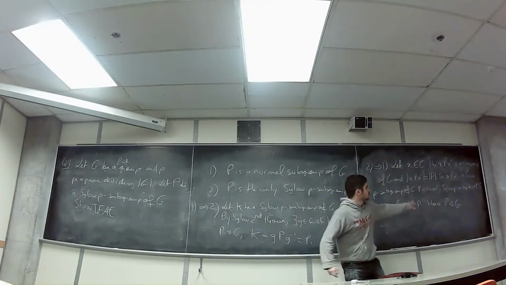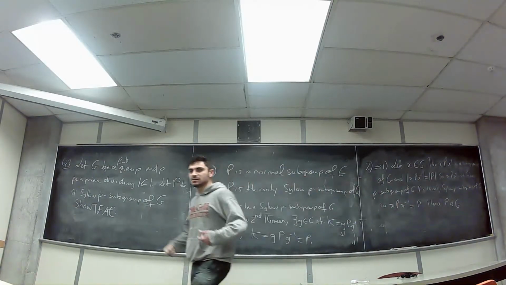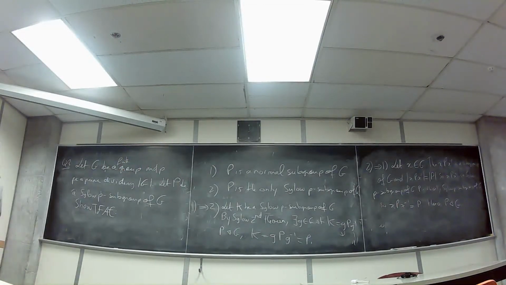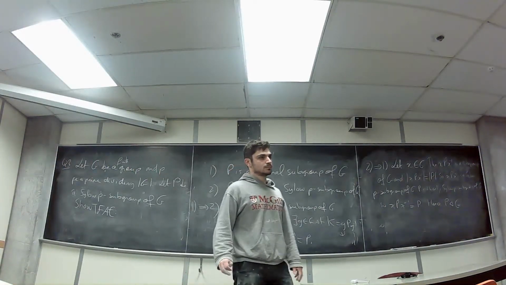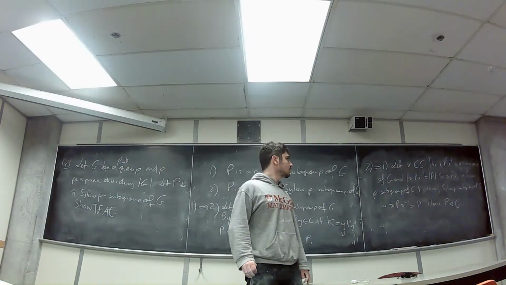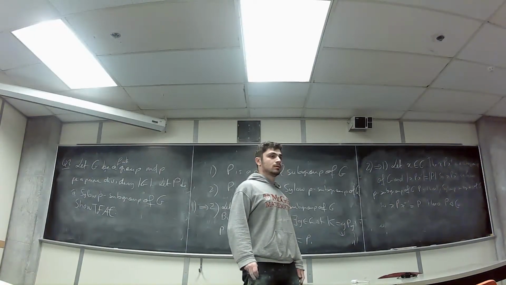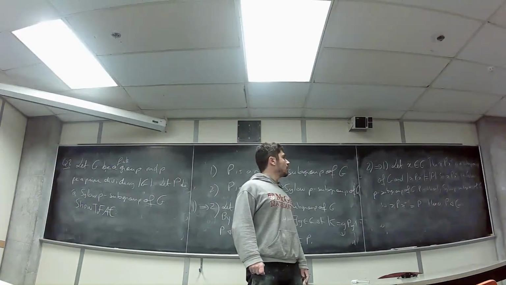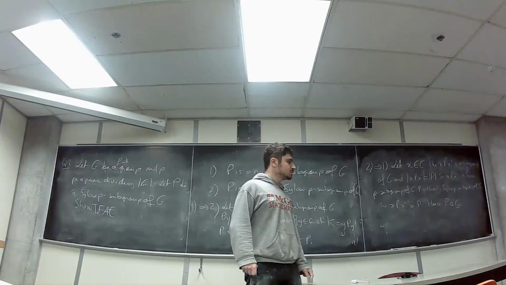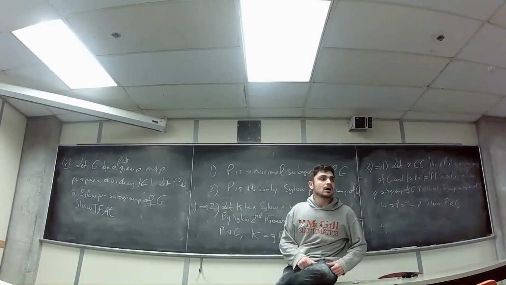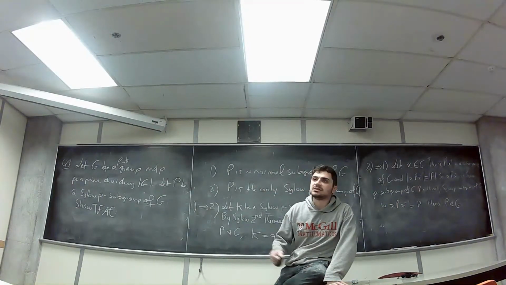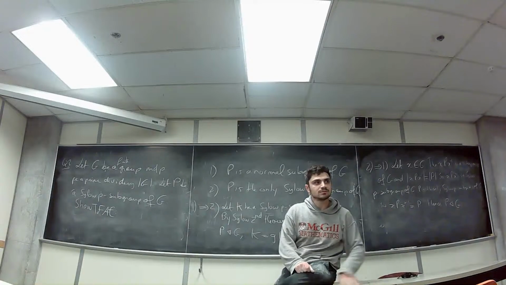You don't need Sylow theorems for this. You just need that they have the same size. If I tell you a group has only one subgroup of order 10, then this subgroup is normal by the same argument. Can we say that for all g in G, gPg inverse is equal to P, because all the conjugates are equal to P? Yes, you can say that, but this is more general.